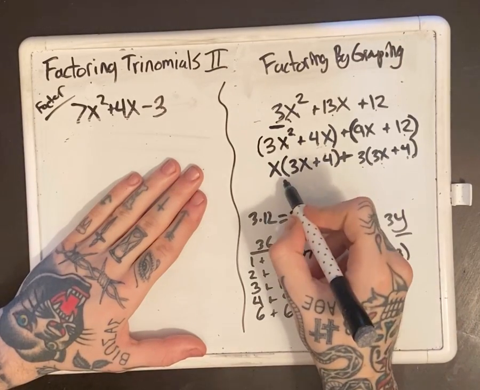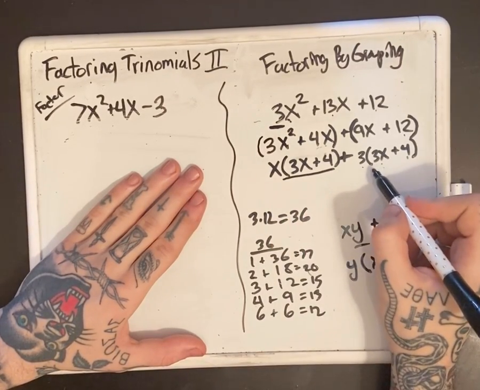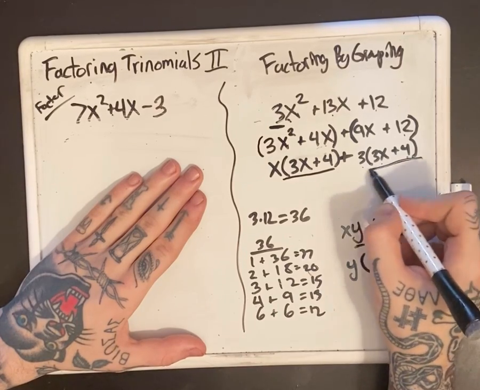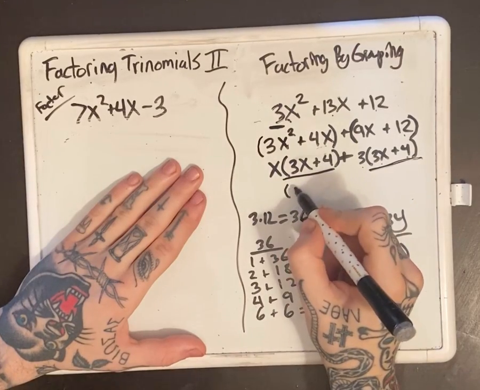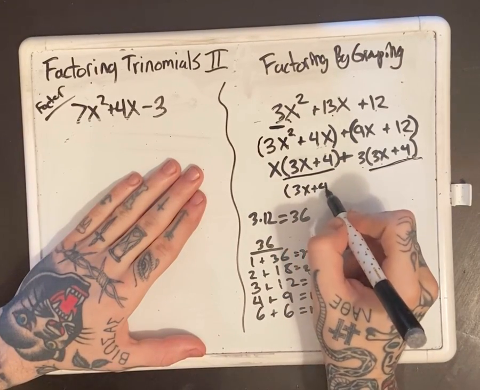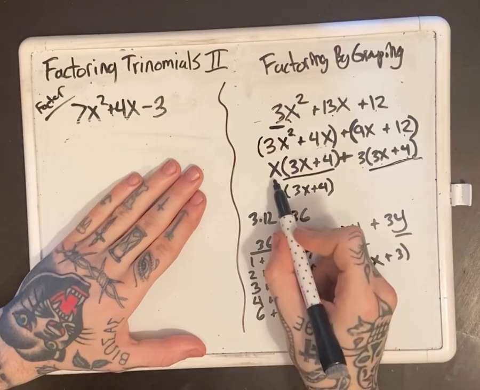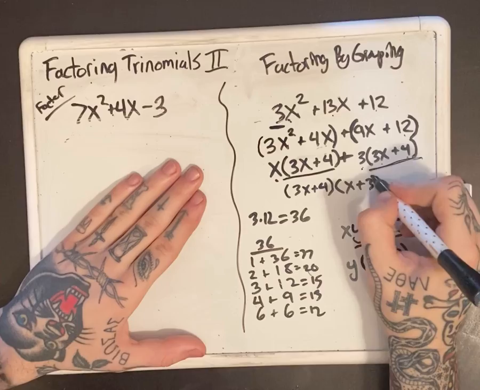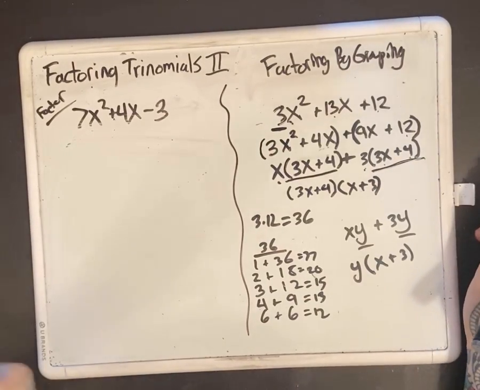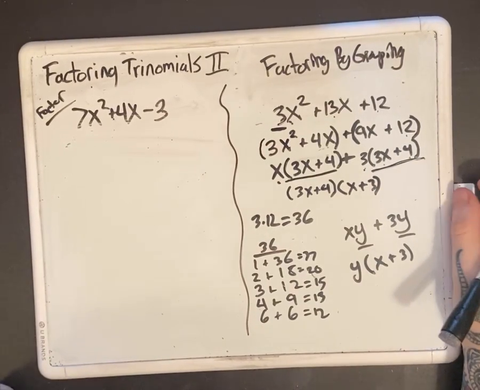Same thing here. We have a 3x plus 4 and a 3x plus 4. So I'm going to pull those out front, and now I'm just left with the x and the 3. So we get x plus 3. Okay? And that should be the same one as before.